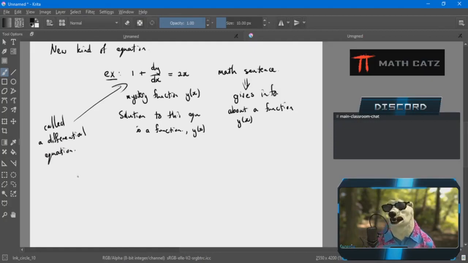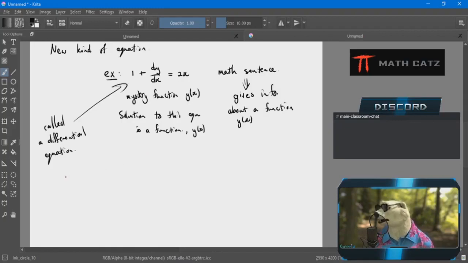More specifically, an ordinary differential equation, because if you pursue this topic further, there are other kinds of differential equations, just like there are different kinds of normal variable equations. But that's not a route we're going to take, so we'll just call it a differential equation. The most important thing is to realize what a solution to this equation looks like.